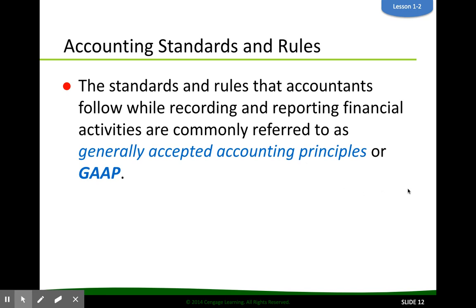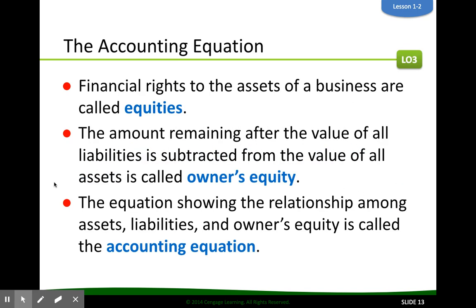On your note guide, we have a few different examples of GAAP rules. The first one being GAAP unit of measurement. What unit of measurement does the US use? Well, we use dollars. So you know that if you're looking at a report from a US company, they're reporting in US dollars.